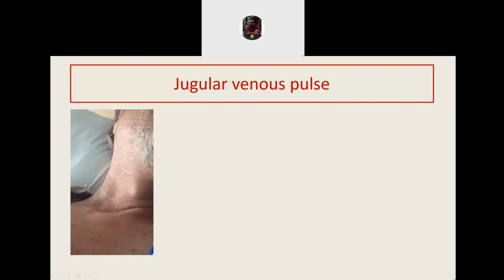The best way is to illuminate it from the side and watch it from the side so that you can find out the trembling of the jugular vein. The upper part of the jugular vein will be trembling between two heads of the sternomastoid. Now, this pulsation is the jugular venous pulse, and the pressure of the blood is the jugular venous pressure.